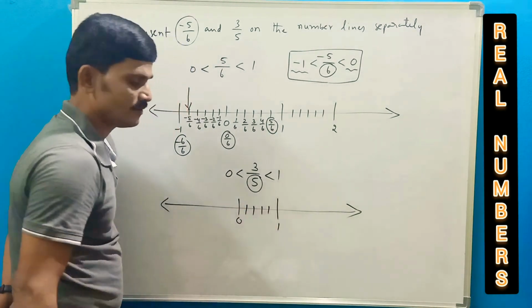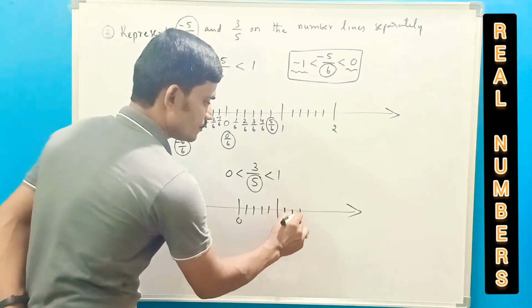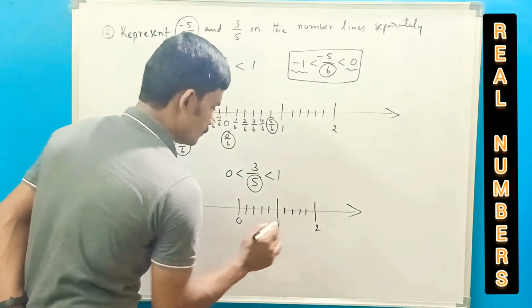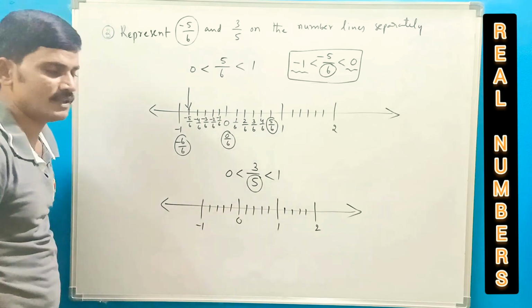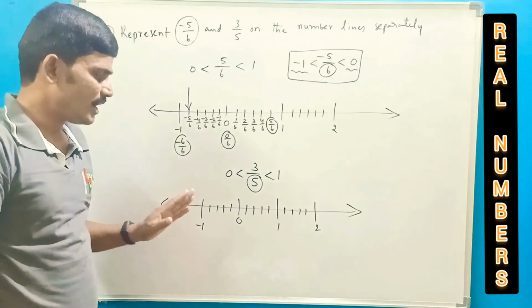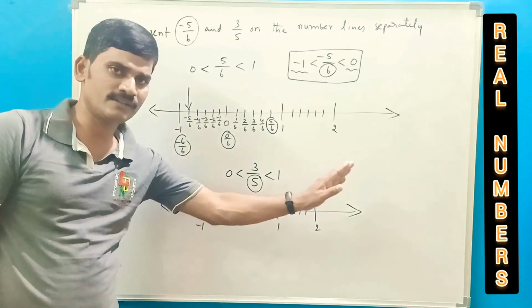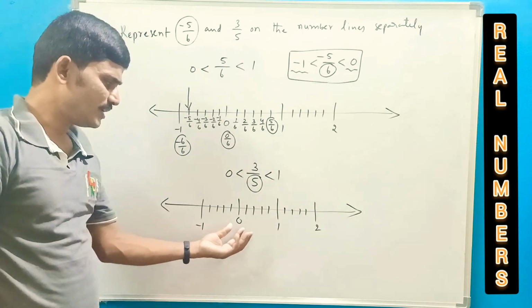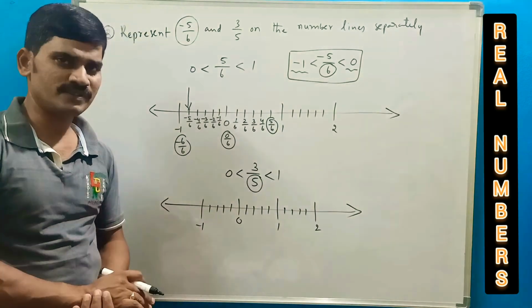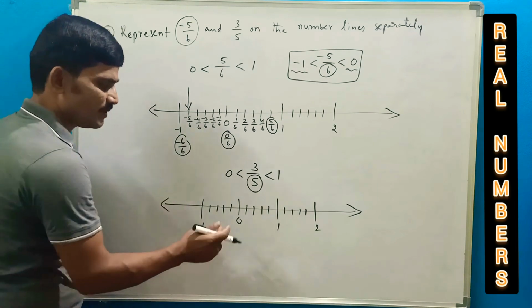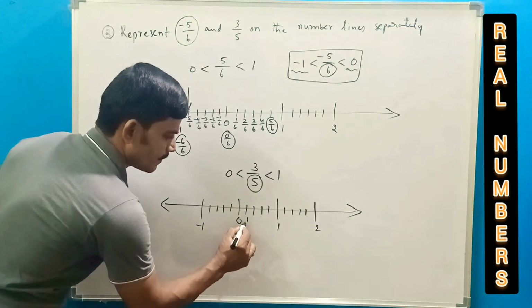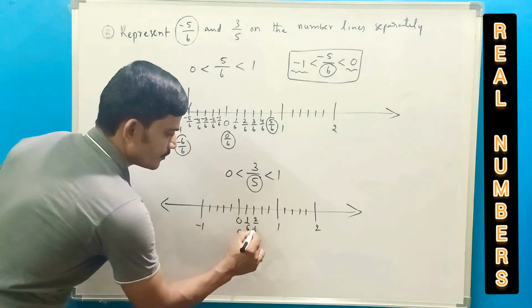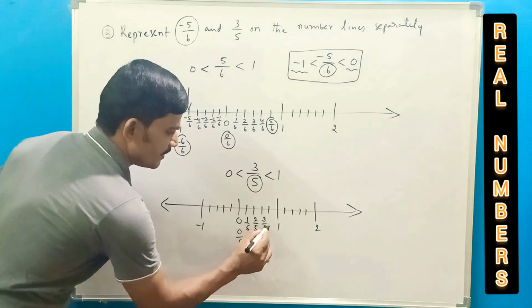This is 1. 1, 2, 3, 4, 5. This is 2. 1, 2, 3, 4, 5. This is minus 1. In this way, we have to divide each unit of the number line into 5 subdivisions. Each subdivision becomes 1 by 5. So 0 is nothing but 0 by 5, then 1 by 5, 2 by 5, 3 by 5.